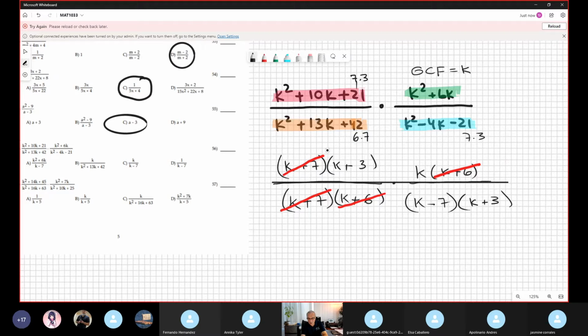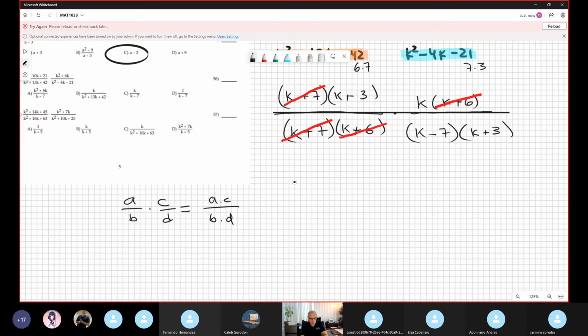Everything in the top belongs to the same fraction, because the multiplication of fractions is A times C divided by B times D. Basically, multiplication of fractions is an easy operation: you put together the numbers in the top and the numbers in the bottom and multiply each other. Okay, now I can cancel out this guy and this guy.